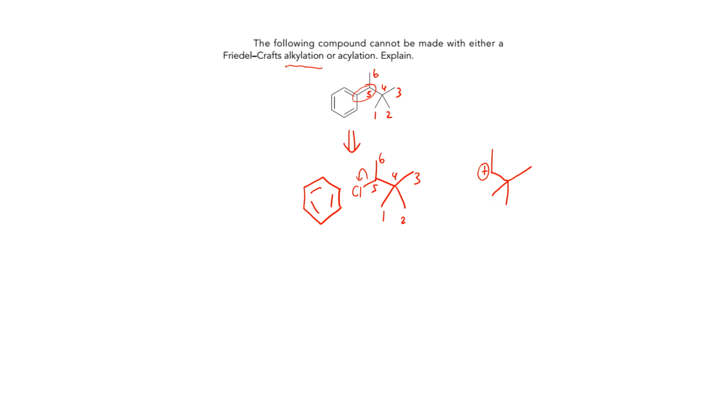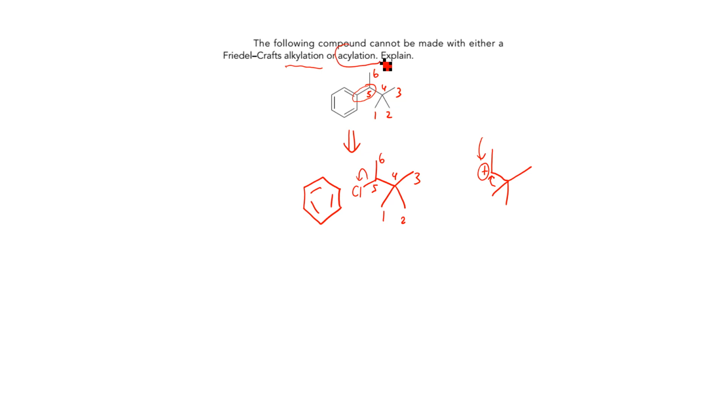And that's a secondary carbocation right now that could rearrange to form a tertiary carbocation, right? You could do a methyl shift like that, and it can become tertiary. So the problem is that you can't make this compound through an alkylation because it's going to undergo rearrangement, and you're going to get a mixture.